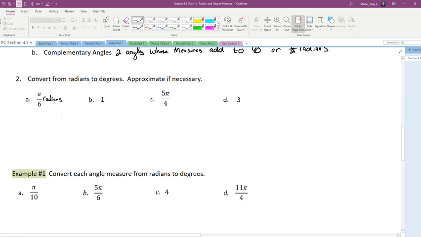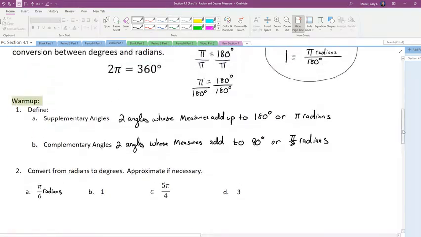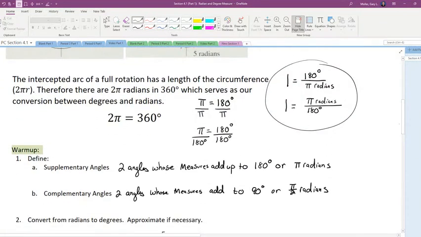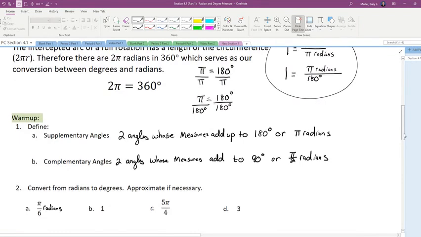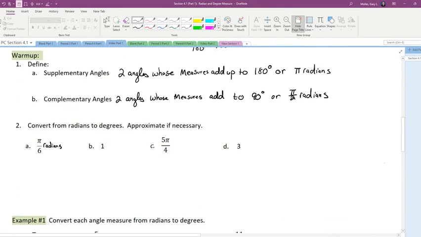So if I want to convert pi over 6 radians and I don't know the answer already, then I can use one of my conversions above. I've got these two statements that I circled. If I want to turn radians into degrees, I'm going to use a little bit of unit analysis. So pi over 6 radians, I want the radians to disappear, and I want degrees in their place.